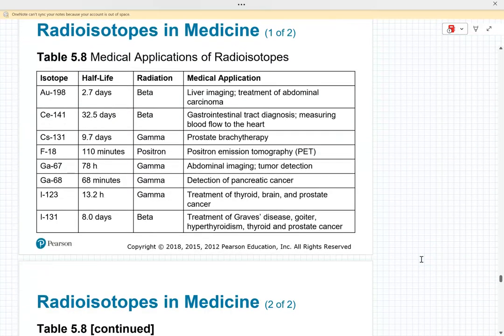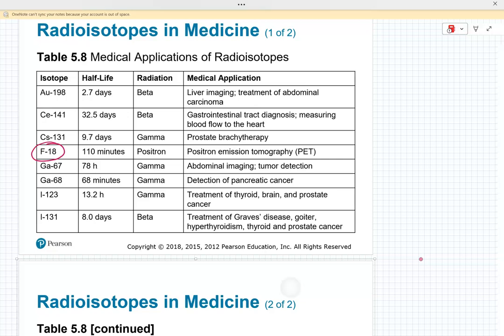So some examples. Fluorine 18, okay, with half-life of 110 minutes. There's a tomography that's called positron emission tomography. It allows you to get certain images, organs in a particular way.